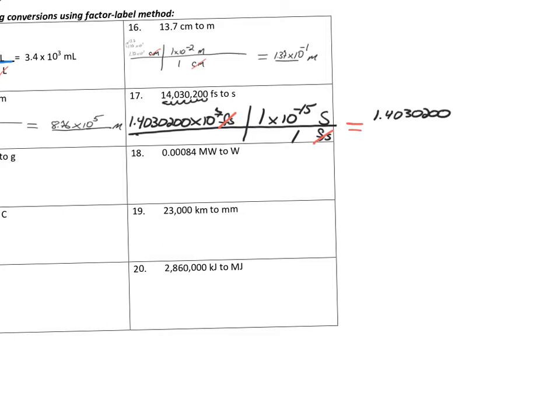This number stays the same, correct? All right. Now I'm taking this 7 and adding it to this negative 15. So what do I get? Negative 8. Times 10 to the negative 8 seconds. That's it.